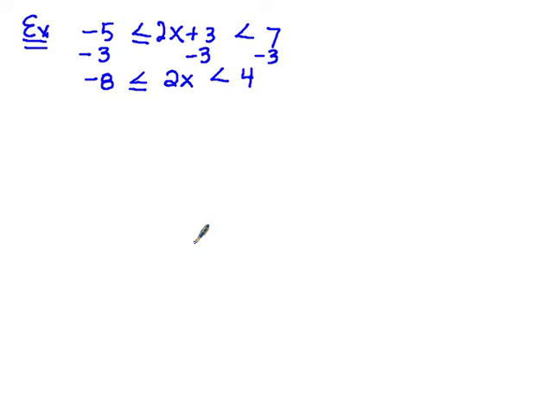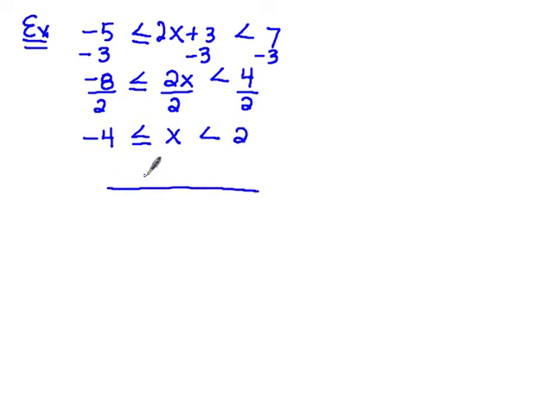The next thing I would do would be to divide by 2. So I divide by 2 here, divide by 2 here, divide by 2 here. So I get negative 4 less than or equal to x less than 2. Alright, now see how x is trapped between negative 4 and 2?